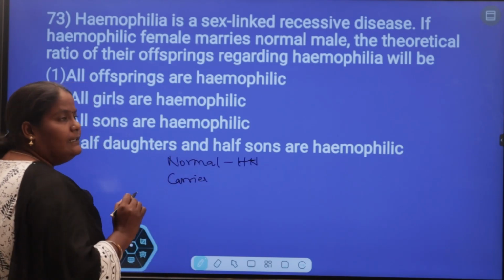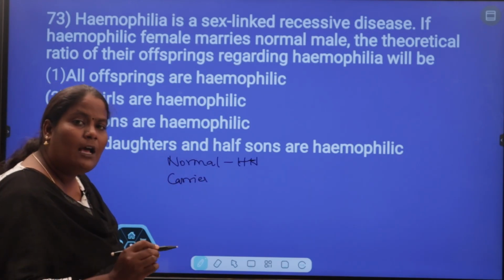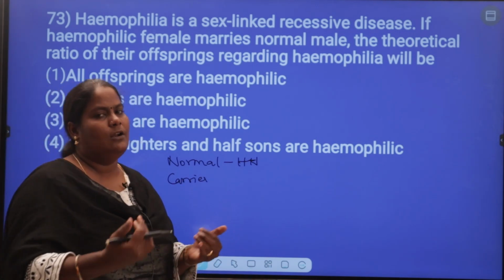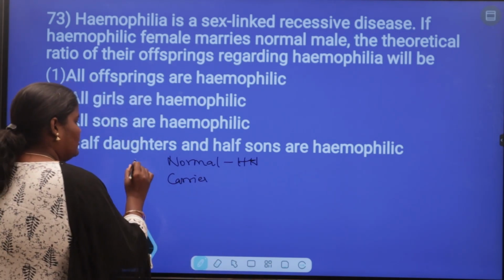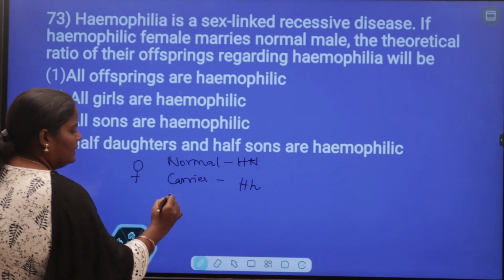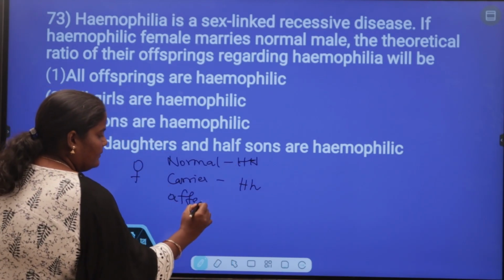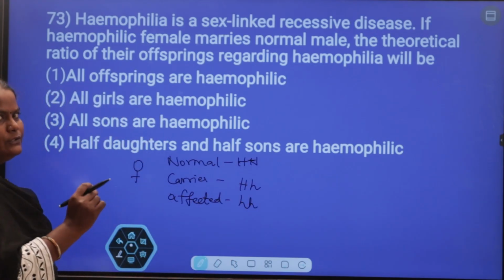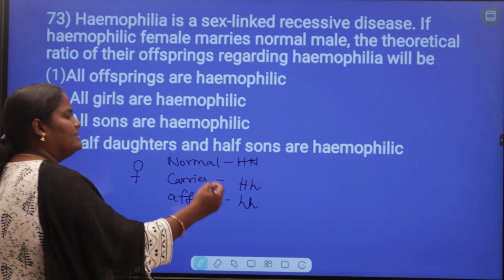It's a sex-linked inheritance. So females alone can act as a carrier. Males are either affected or normal. Here these are all for the female concepts. For the affected individuals, the two small h's are represented. Let's do this.